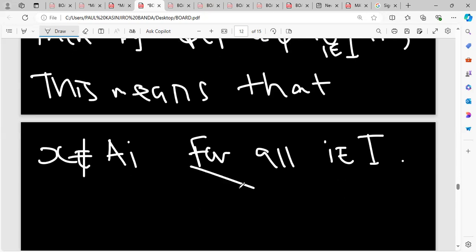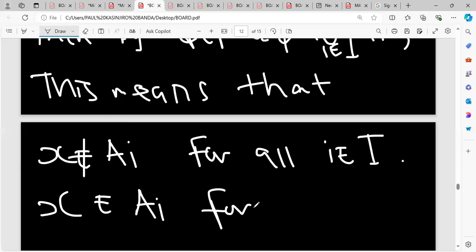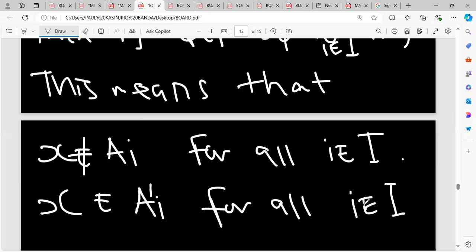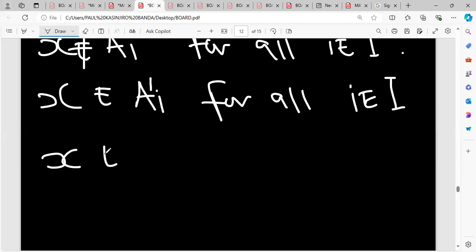So by this now, we can conclude that since x is not a member of all the A_i's, then x will actually be a member of the A_i complement for all i in I. If x is not in the A_i there, then it means x is in the complement for all i in the capital letter I. And this simply means that x is a member of these for all i.